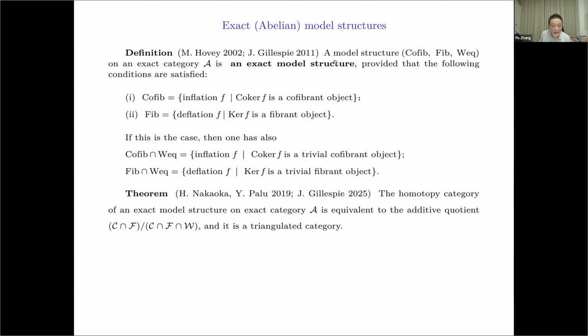A model structure on an exact category is called an exact model structure, provided that the cofibrations are exactly the inflations, that means just monomorphisms if you consider an abelian category, such that the cokernel is a cofibrant object.